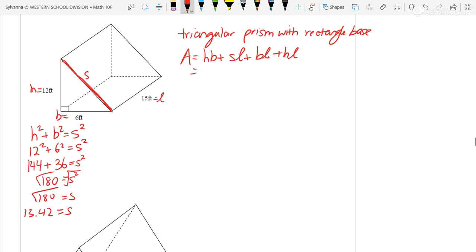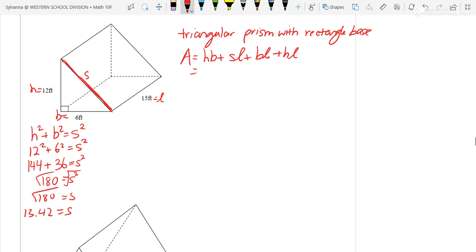Okay, so now we're going to find the area. The base times the height is our triangles, and that's for our two triangles that we have here. And then the slant times the length will give us this side here. The base times the length is the bottom. And then height times length will give us this side here.